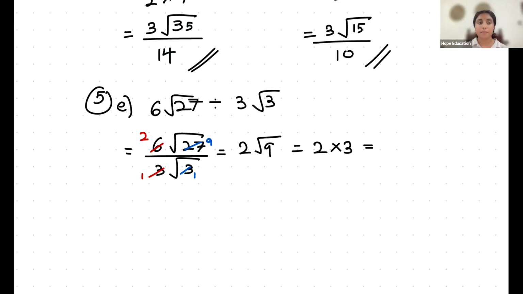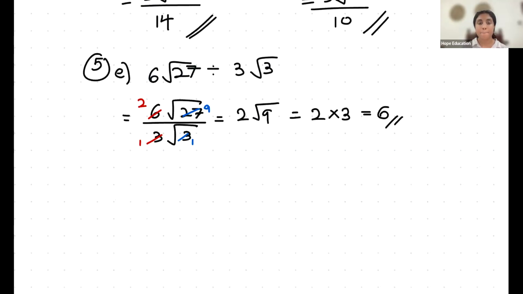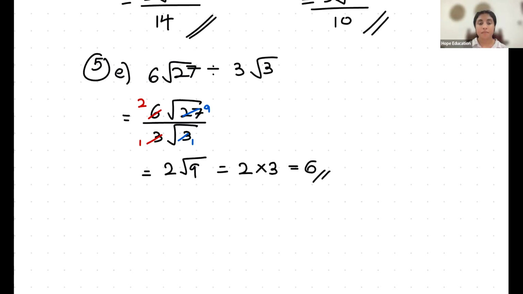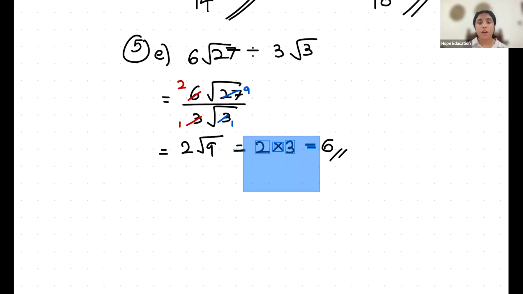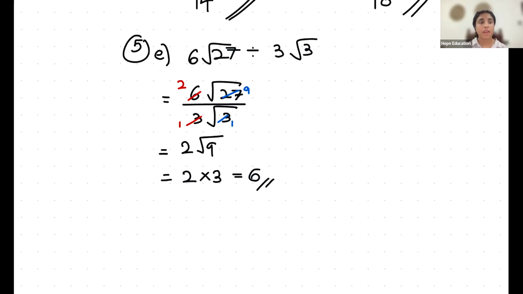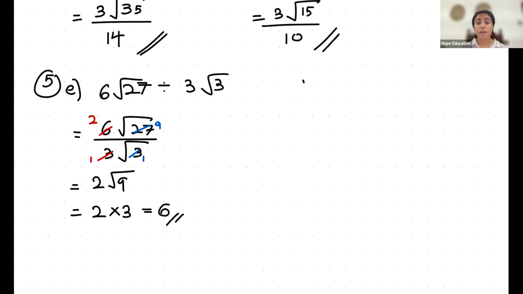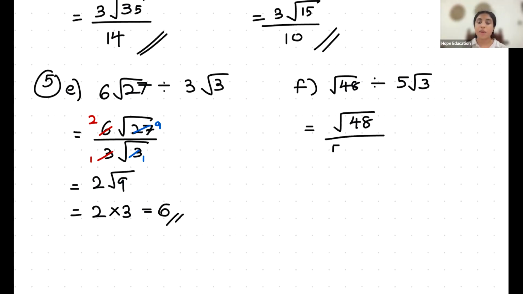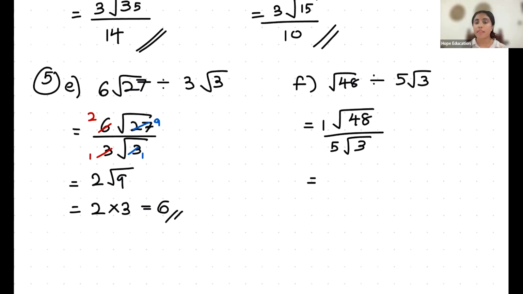Did you get this answer, Lamai? Okay. Then the other one is F, no? Root 48 divided by 5 root 3. Outside there is 1, so there is nothing to divide outside.